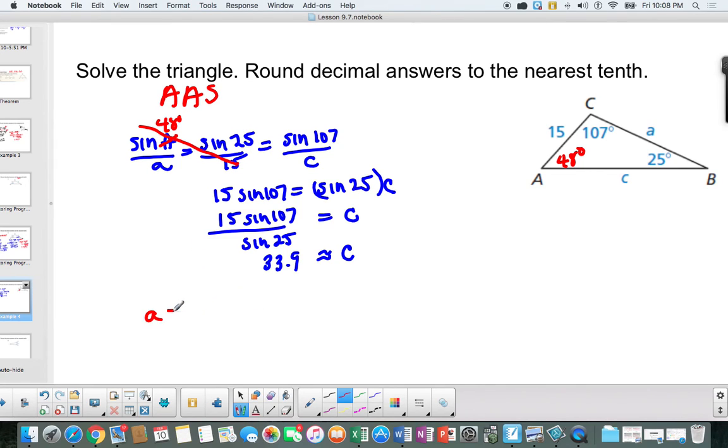So A will be equal to 15 times the sine of 48, and then I divide by sine of 25. And I go ahead and put this on my calculator. And I get approximately 26.4. So I found all the sides and all my angles for this triangle.